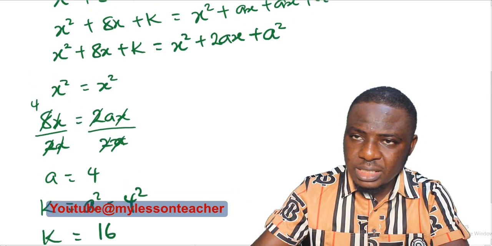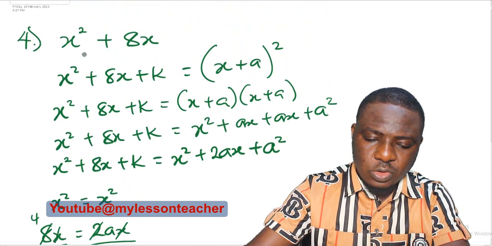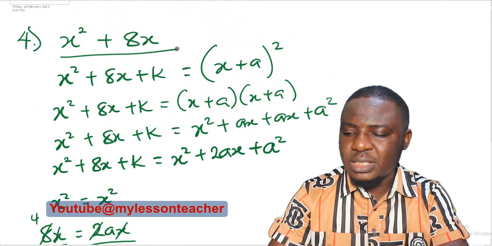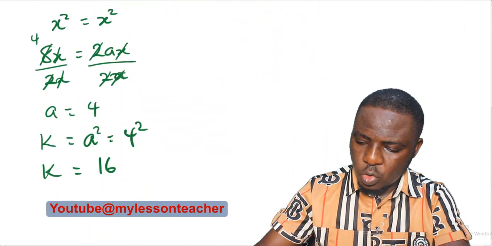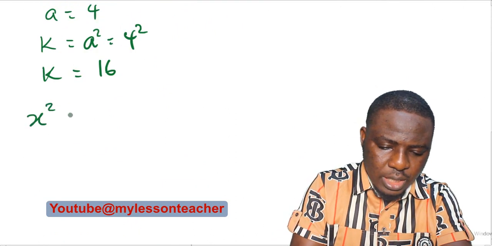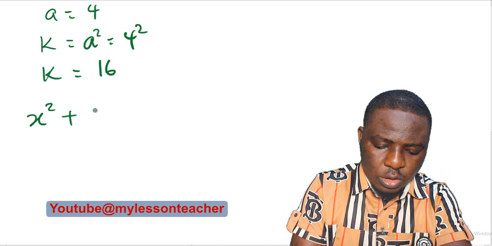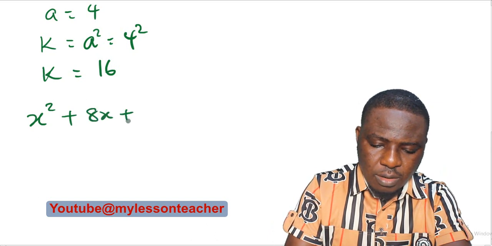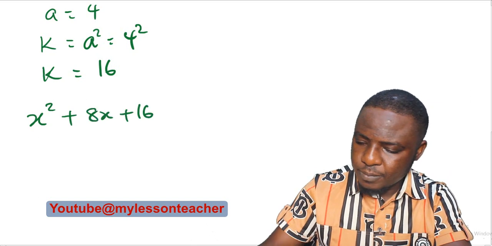So 16 is that term that when you add it to this expression, it makes it a perfect square. So let's factorize. We have x squared plus 8x plus 16.